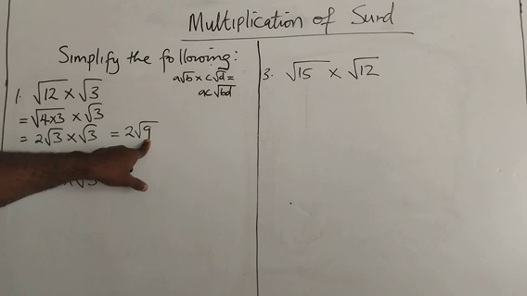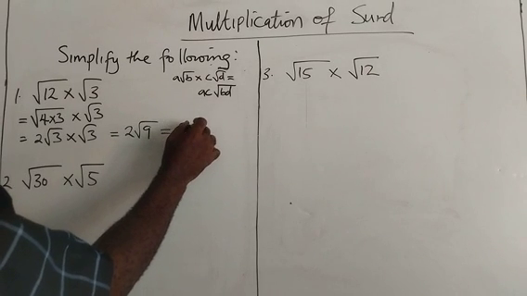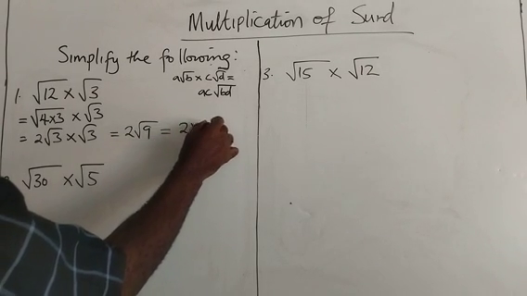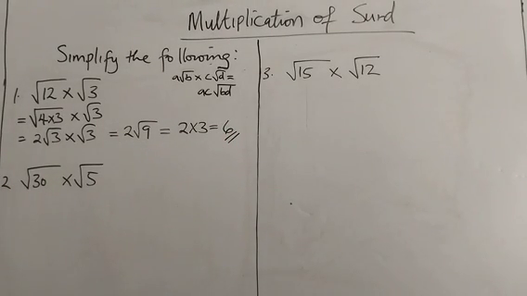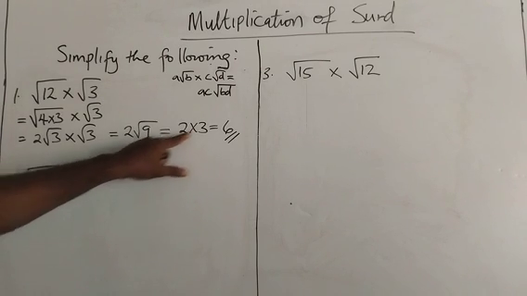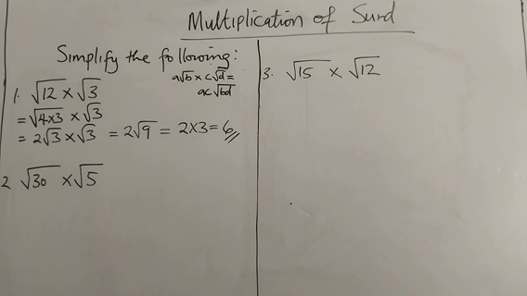But 9 is a perfect square. So it becomes 2 times 3, and that will give you 6 as the final answer. Square root of 9 gives 3. So 2 times 3 will give you 6.